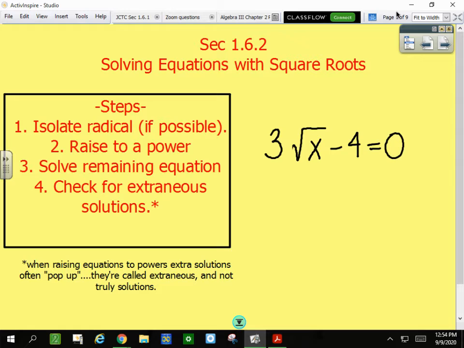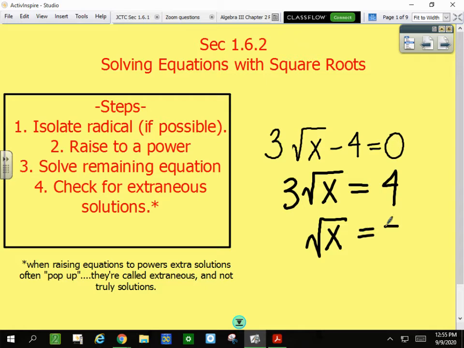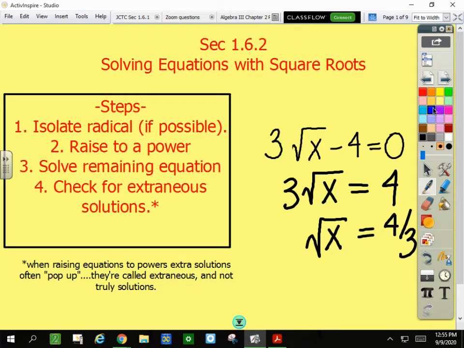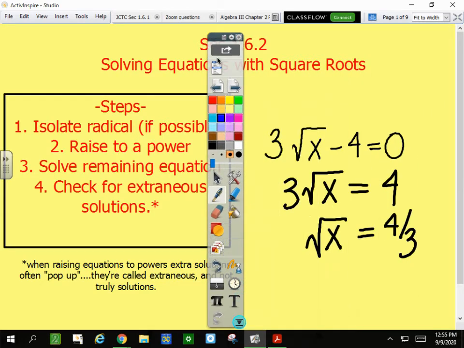So starting with this first one, if we isolate the radical, we'll add 4 to both sides, and then divide by 3. And here's where I want to make sure I'm clear, especially this first time. In order to remove the radical, we want to raise to the reciprocal power.